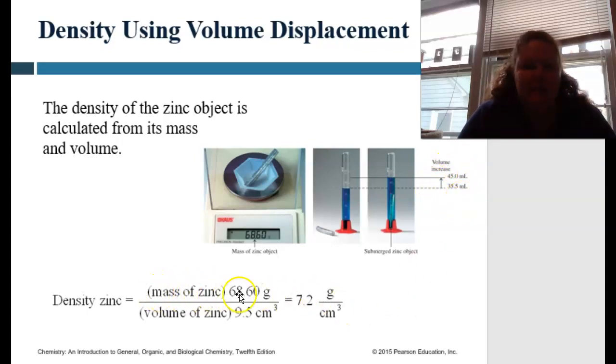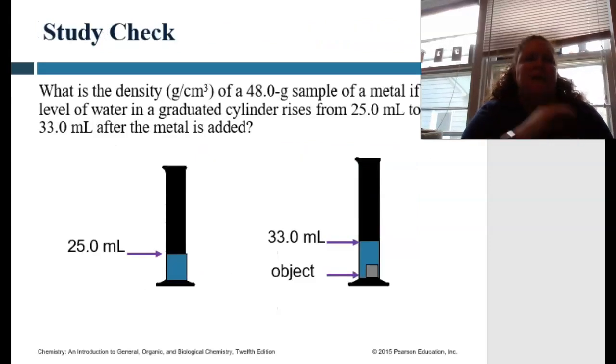Then we take the mass of the zinc that was given from that table, and we put that over the displaced volume and calculate it out. And so we can tell that the zinc that we put in there was 7.2 grams per centimeters cubed. So it's actually a very strong way to measure the volume of a solid object, like an asymmetric object as well.